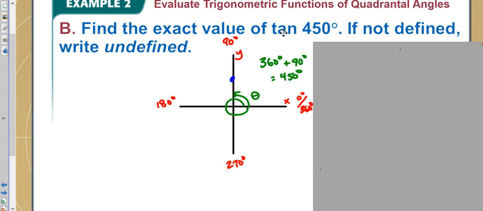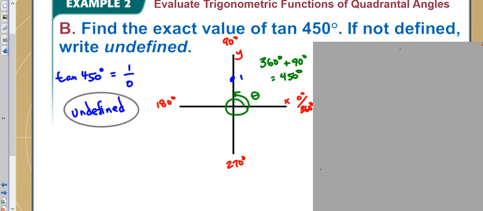So this is tangent. Tangent is y over x. My y value, it looks like, is 1. My x is 0. So tangent of 450 is equal to y, which is 1, over my x value, which here is 0. That makes this undefined.